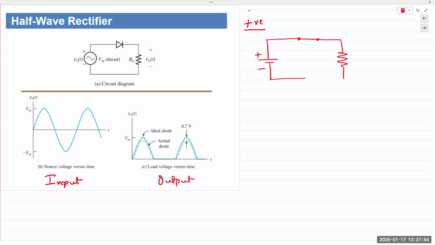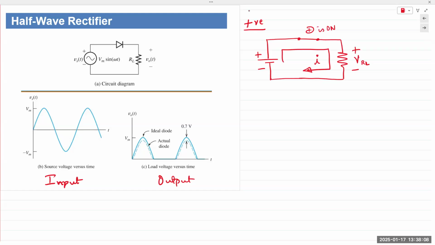And so I have current flowing through my load resistor, which will cause a voltage drop across the load resistor with this polarity. And so VRL, let's say I'm using the ideal diode model.